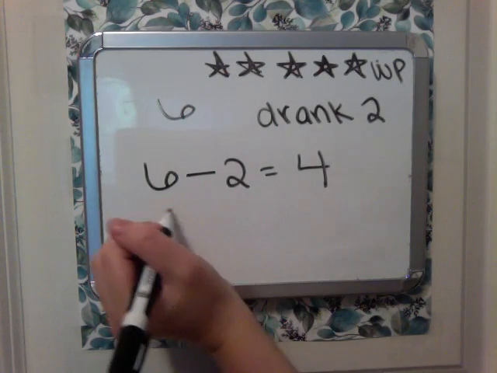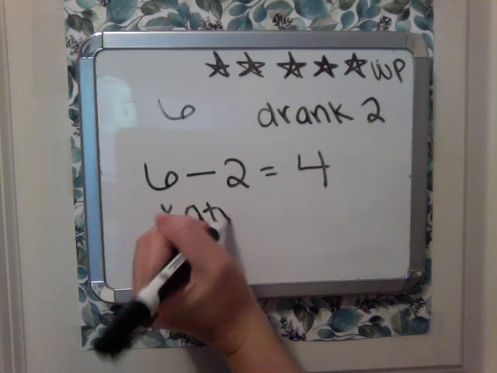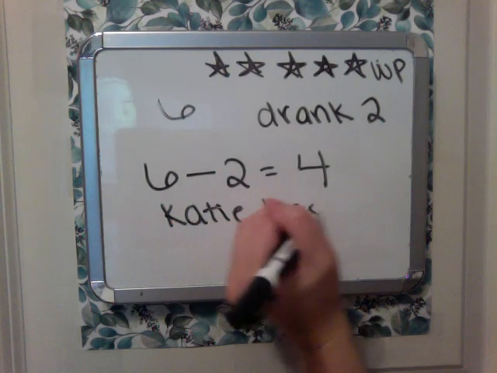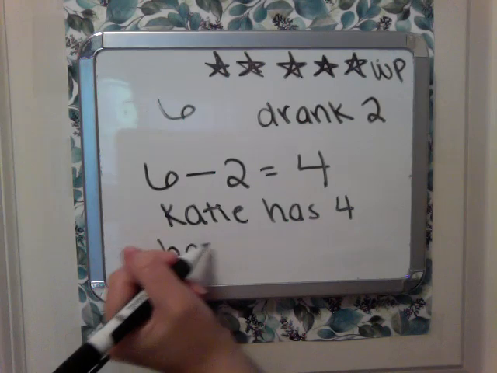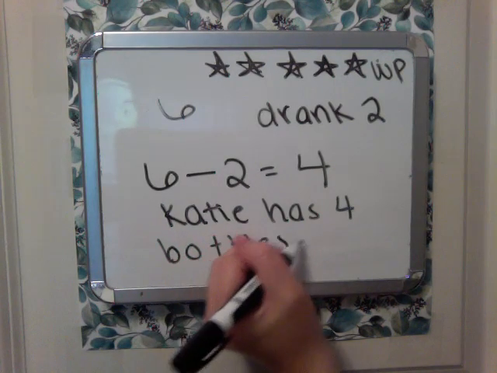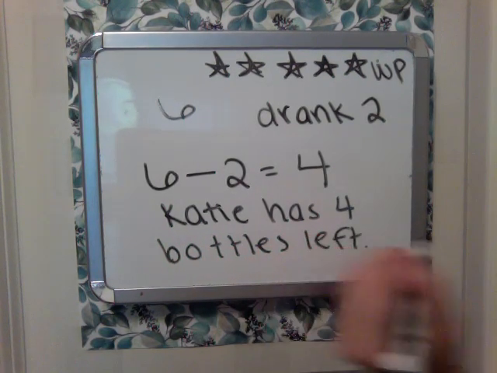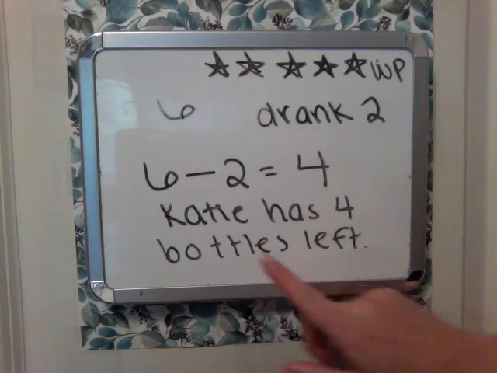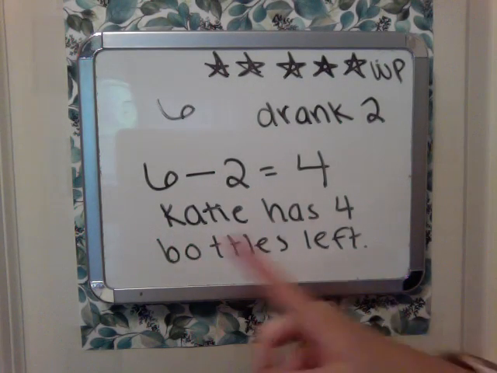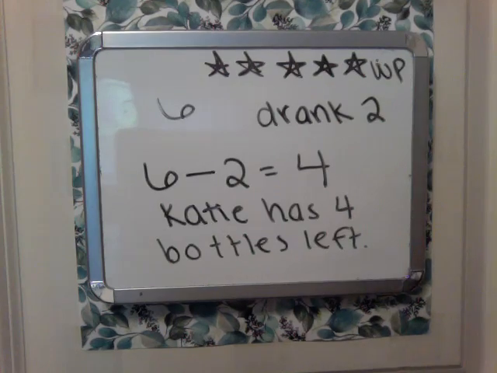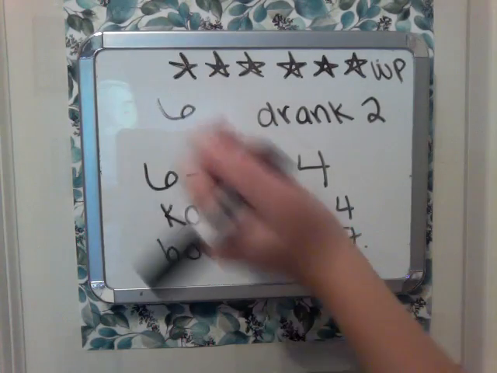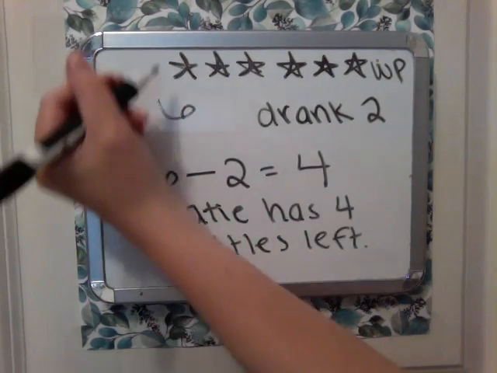There's 4 left over. Katie has 4 bottles left. Give yourself a star for a sentence that has a capital letter, a period, and the answer in the sentence. And give yourself a star for the answer of 4.